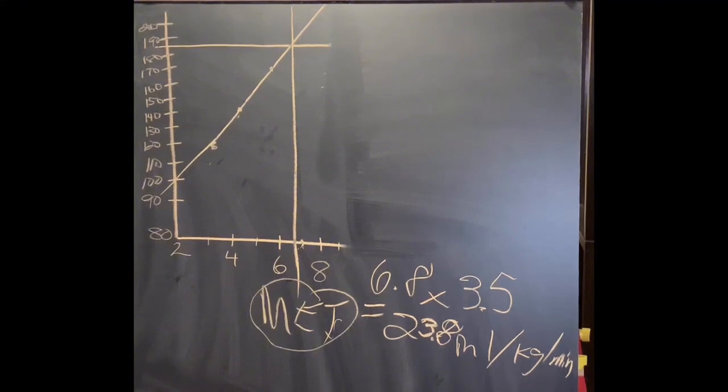So we can use the graph that we've already drawn, which is why I left it up here on the chalkboard. And so in my calculations, when I calculated the target MET zone, if you recall, I had 2.74 as my minimum. And then when I worked it out for the 45%, the upper range of the MET zone, I came up with 3.61.